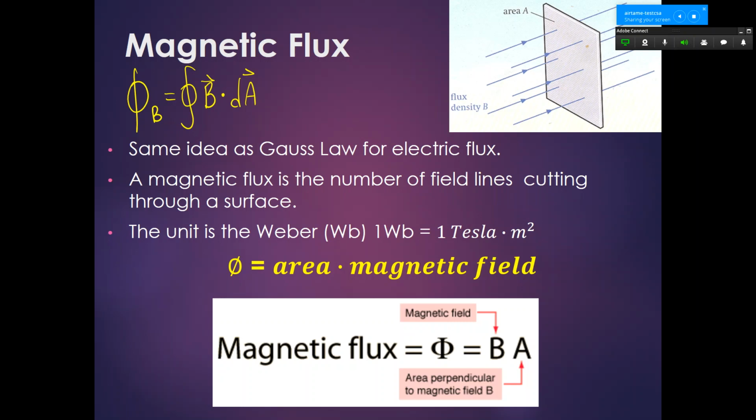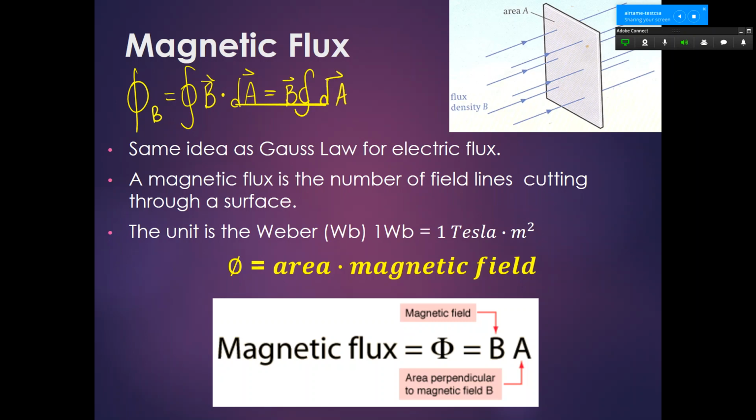And we said that if we were smart enough to choose a Gaussian surface that was uniform, so that the electric field was uniform everywhere and constant, not variable, you can take that out of the integral. So if the magnetic field is constant, you can take it out of the integral.